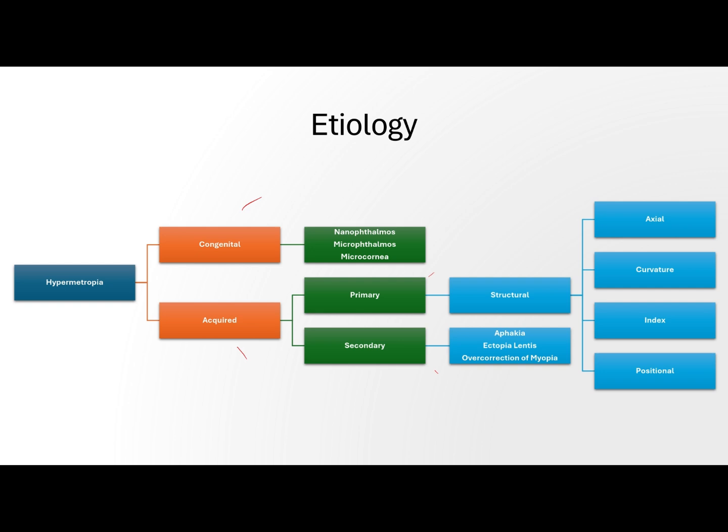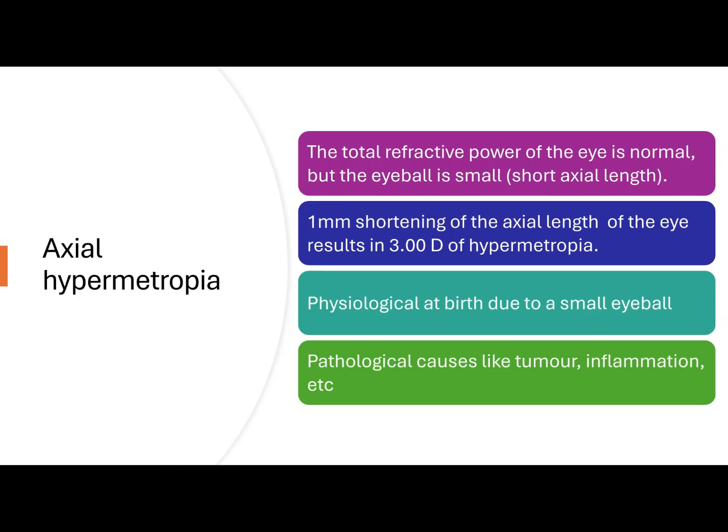Under primary, it is more due to structural causes like changes in the axial length, the curvature, index, and position of the lens. Whereas in secondary, we have reasons like aphakia, ectopia lentis, or overcorrection of myopia. Now let's see each and every condition separately.